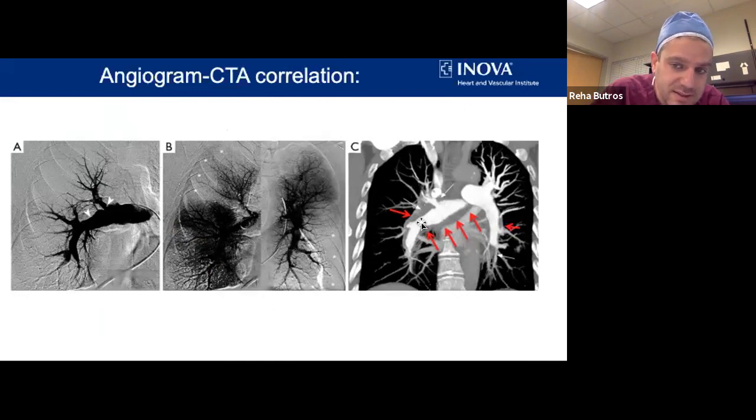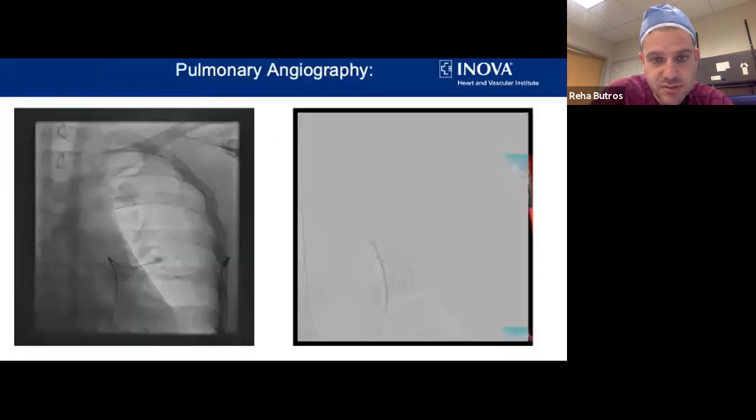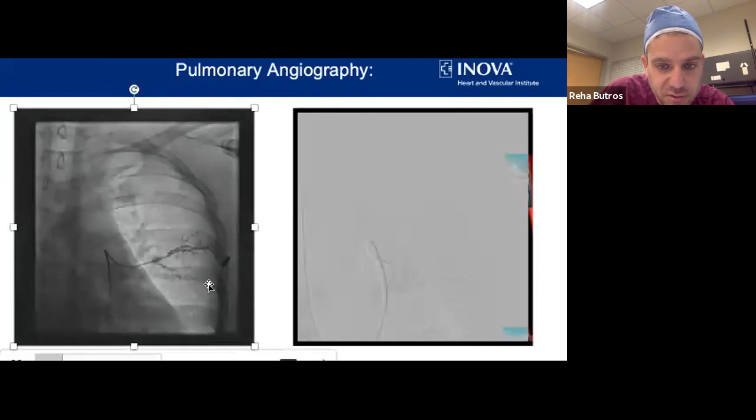But if you look at the CT, you can see there's so much clot along the periphery of the vessels. This is all chronic PE, but you don't appreciate that much on the angiogram. So the angiogram is more for distal disease, segmental and subsegmental level, and the CT angiogram is better for more proximal disease assessment.